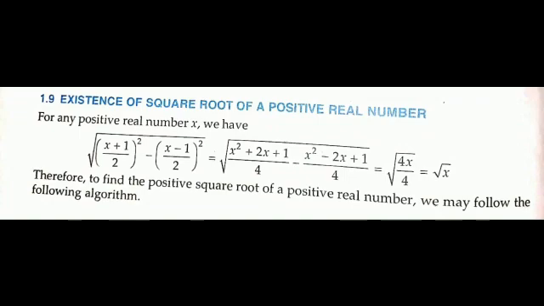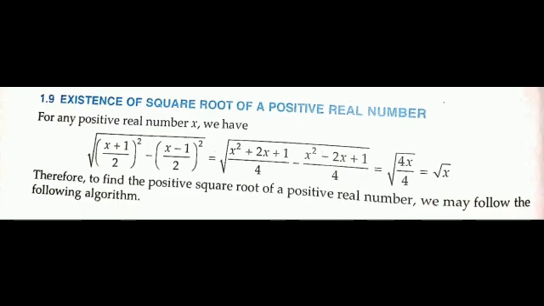For any positive real number x, we can write its relation as root under (x plus 1 by 2) whole square minus (x minus 1 by 2) whole square. On simplification we get root under 4x by 4, which gives us root x.